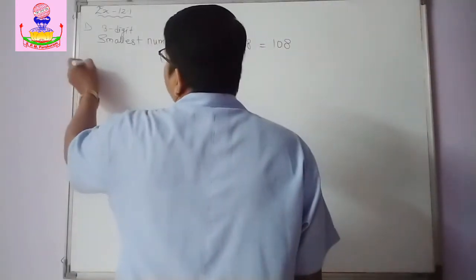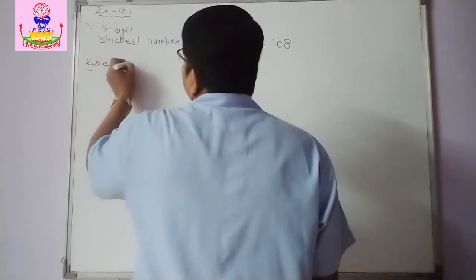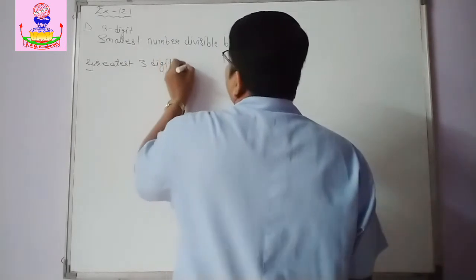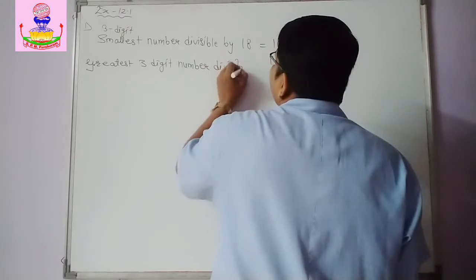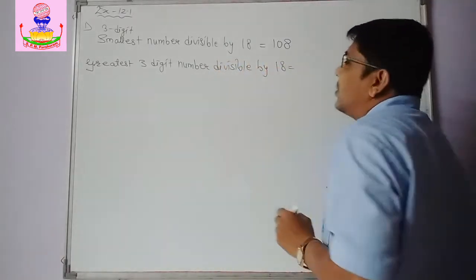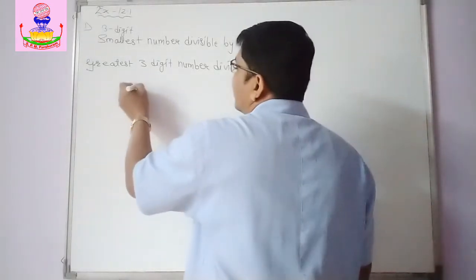Now, to find the greatest 3-digit number divisible by 18, how to find it? Simple thing, what do you do? Do you know the greatest 3-digit number? So first find the greatest 3-digit number.